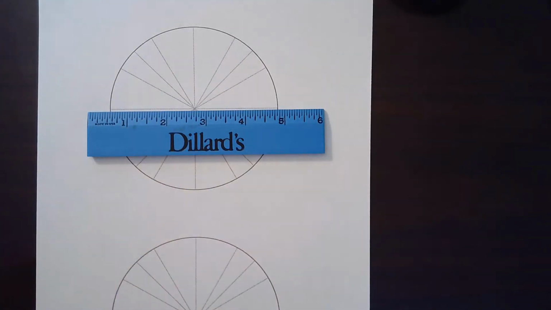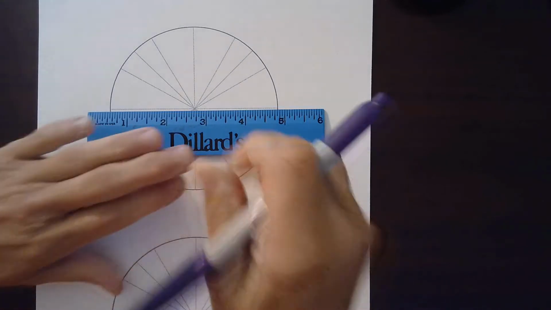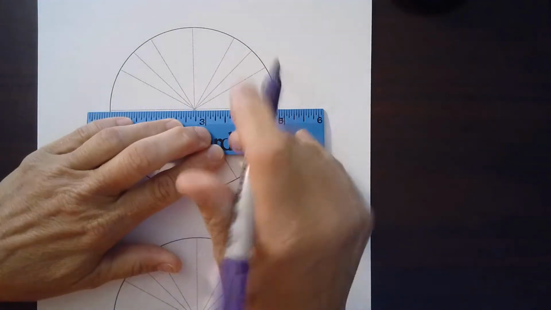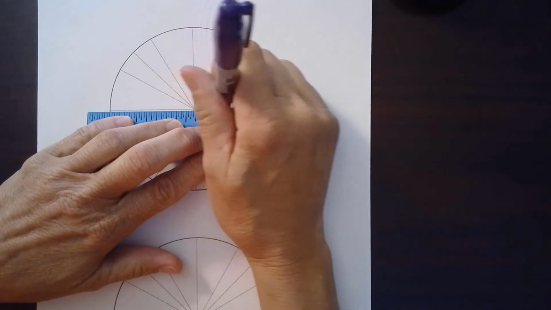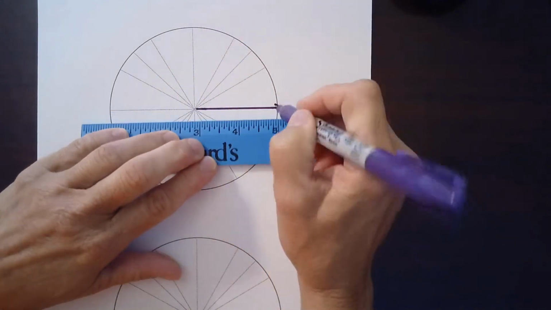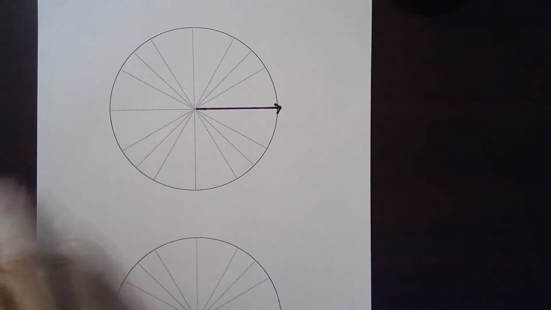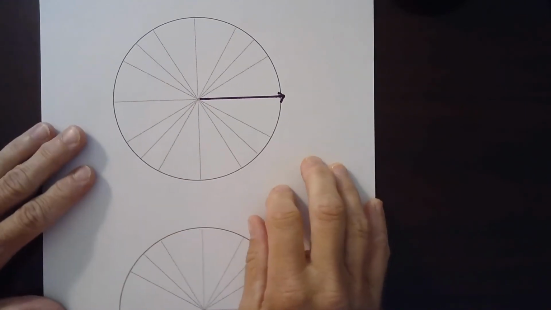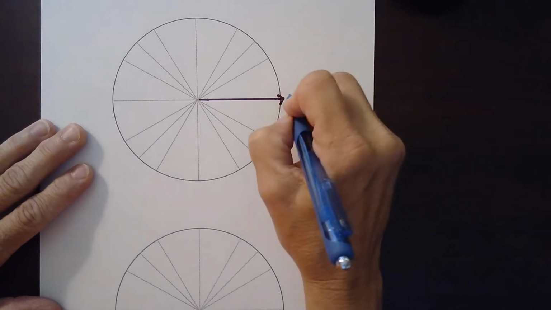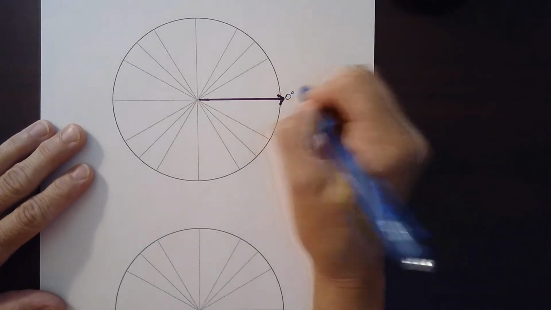And so this angle we start with is 0 degrees. And I'll actually go back and do colors in just a few minutes. But this is in degrees. This is 0 degrees.